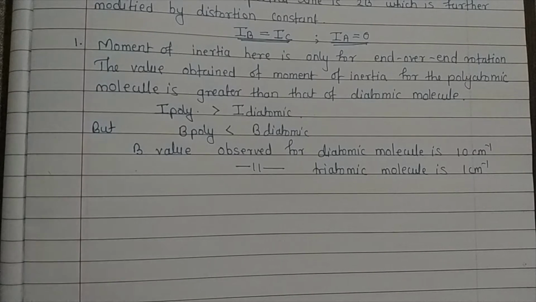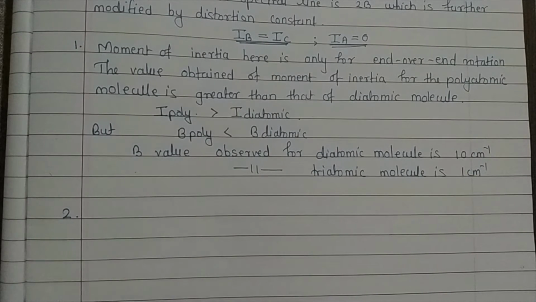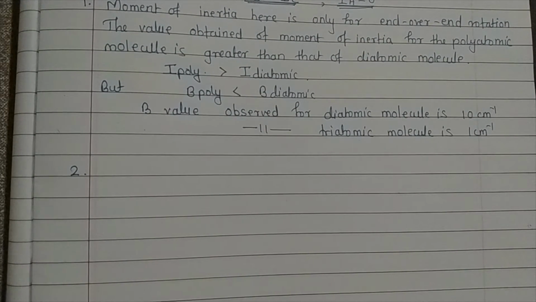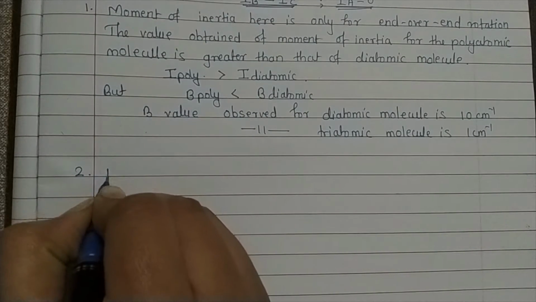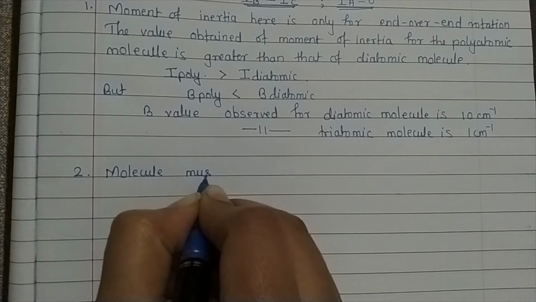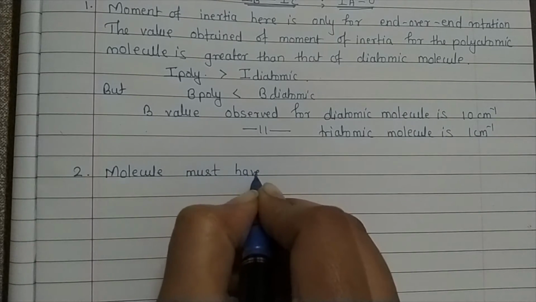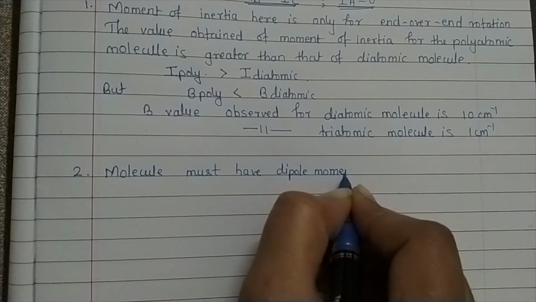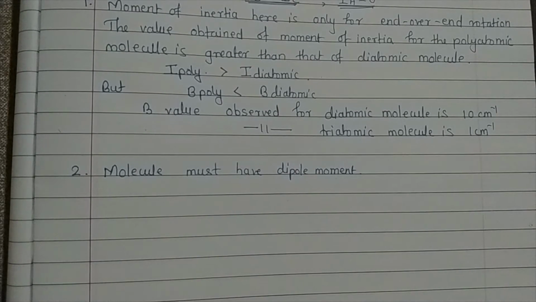Okay. The second point is that the molecule must have a dipole moment. Then that molecule will have the rotation spectra, or we can say it is said to be microwave active. Okay.